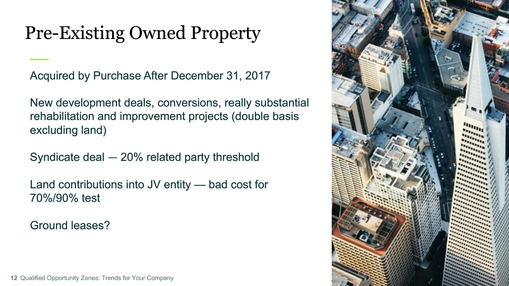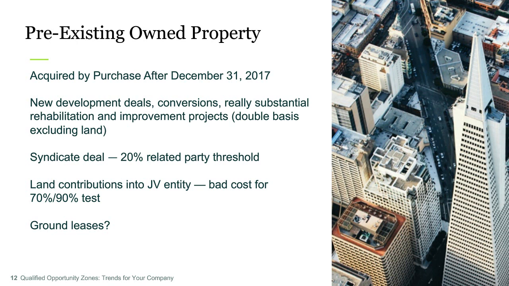An example of something like this would be you could sell the asset, syndicate the deal, and still retain an ownership in the Qualified Opportunity Fund. But because you can't trade properties among related parties and qualify as a Qualified Opportunity Fund, you'd be looking at retaining a 20% or less interest in the fund.